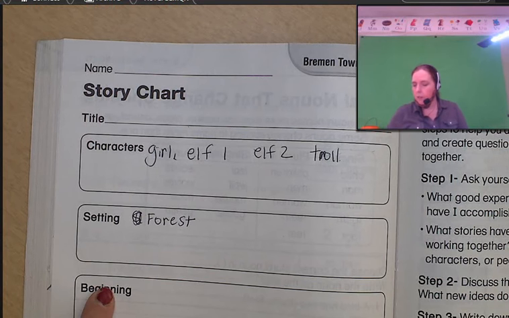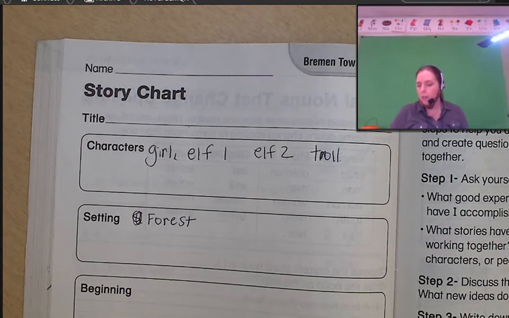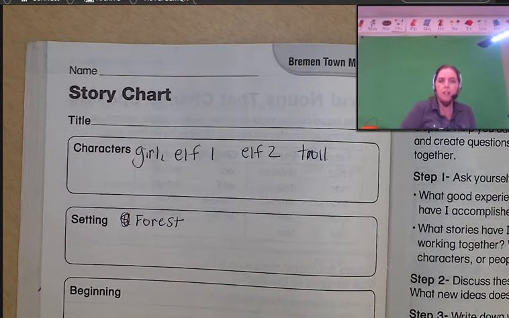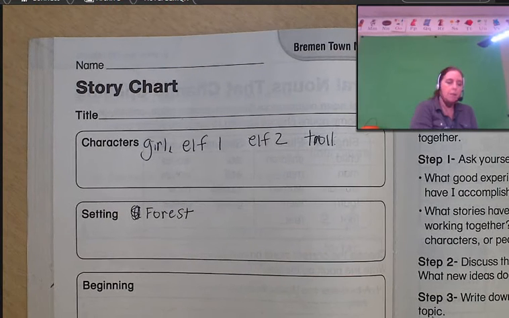So now that I've written my characters and my setting, I'm going to write in the boxes what's going to happen at the beginning, middle, and end of my story. So using my imagination, I think I'm going to make my story like this.